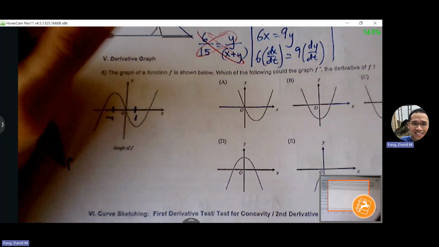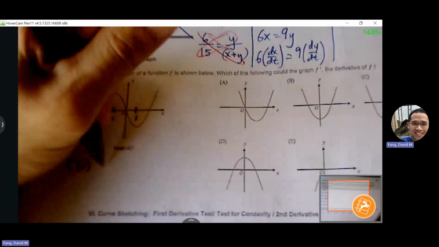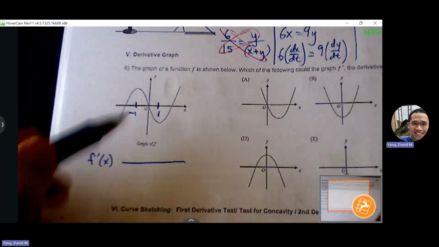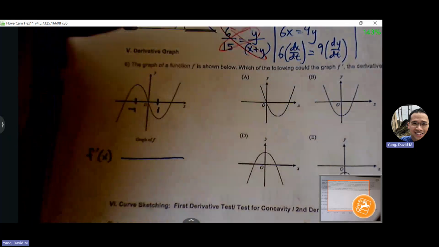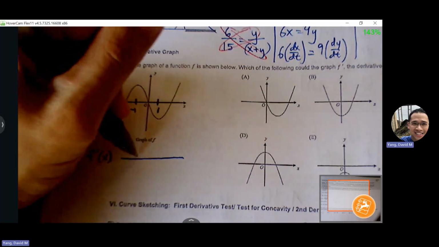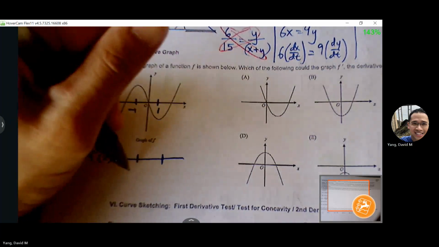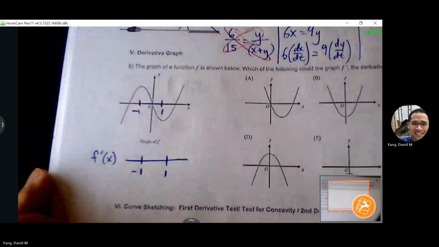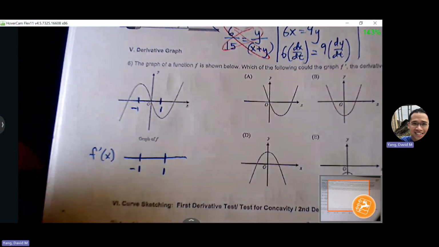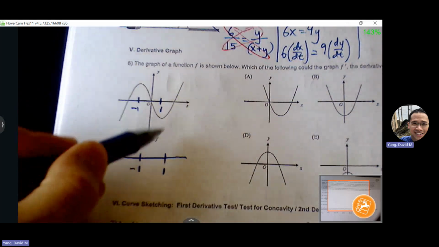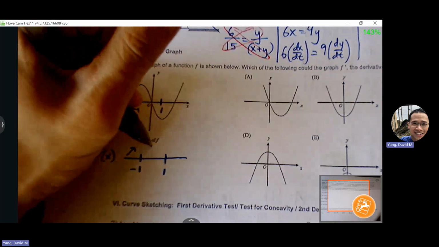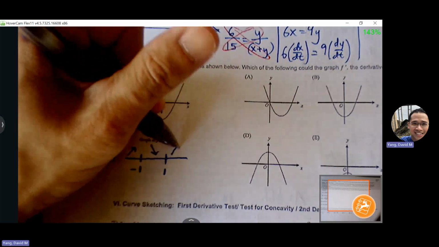If I create a slope sign line, again, this is not the derivative graph, so there's no need to make any adjustments. Whatever the graph is doing, it can just tell. So in this case, where's my relative max, relative min? I'm just going to follow the slope that I see in front of me. Slope is rising, slope is falling, slope is rising.